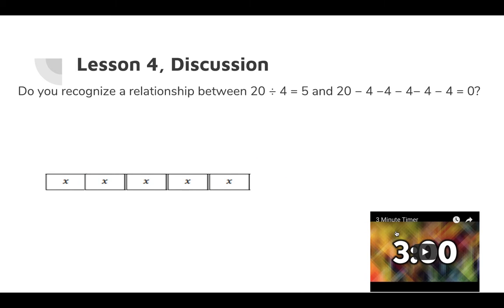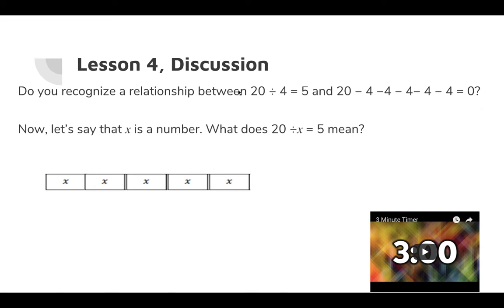Do you recognize a relationship between 20 divided by 4 equals 5 and 20 take away 4, take away 4, take away 4, take away 4, take away 4 equals 0? Okay, so now let's say that x is a number. So 20 divided by x equals 5.